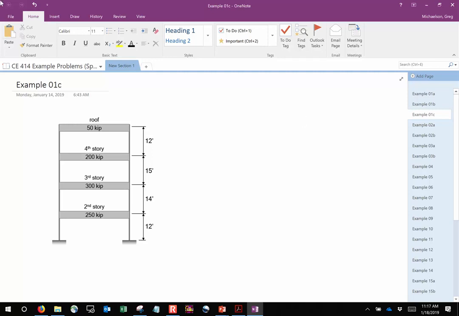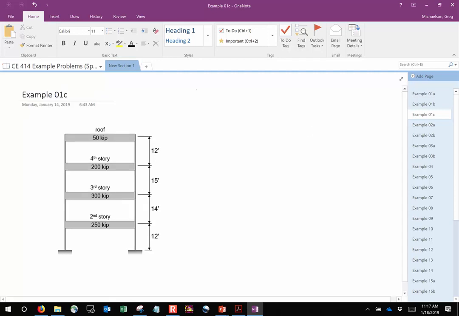So first off, let's do some pretty basic computations. All right, what is the total weight of this building? 800 kips.